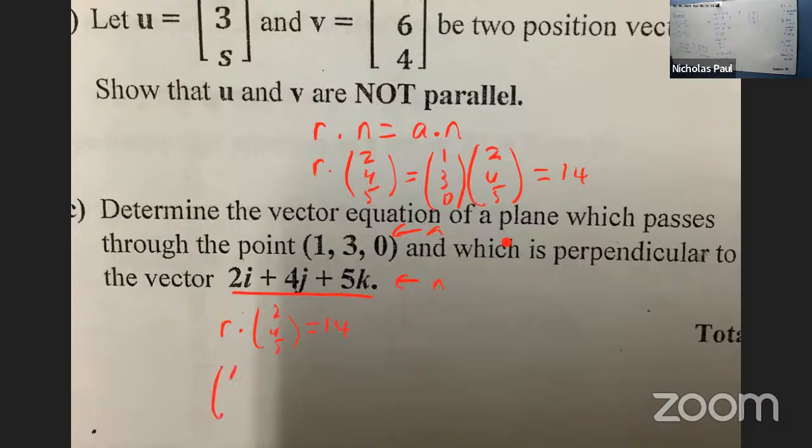You put r as x, y, z. Multiply 2 by x, 4 by y, 5 by z. Make it equal to 40. That's it. You done? That's right. So that's the vector equation and the Cartesian equation.